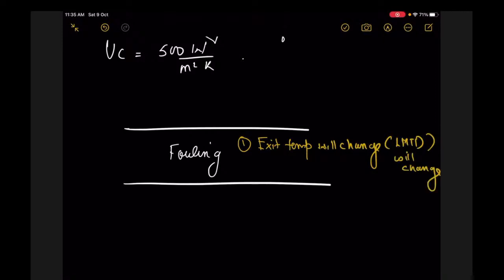दूसरी कंडीशन है हमारे पास कि अगर हमें एलएमटीडी सेम चाहिए, सो मास फ्लो रेट को चेंज करना पड़ेगा। इफ यू चेंज मास फ्लो रेट, okay, if you change mass flow rate, then LMTD will not change.